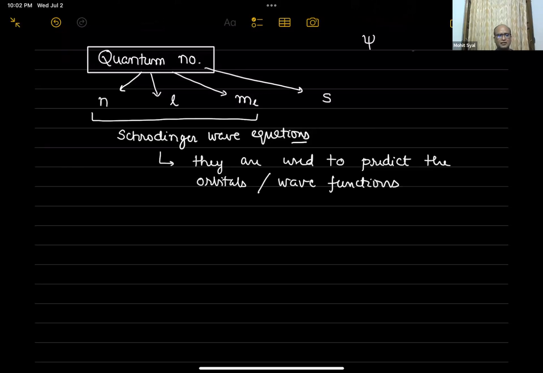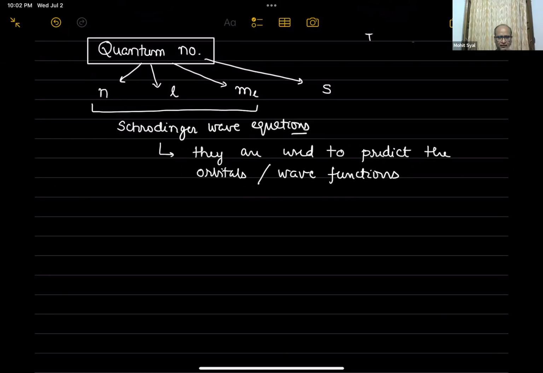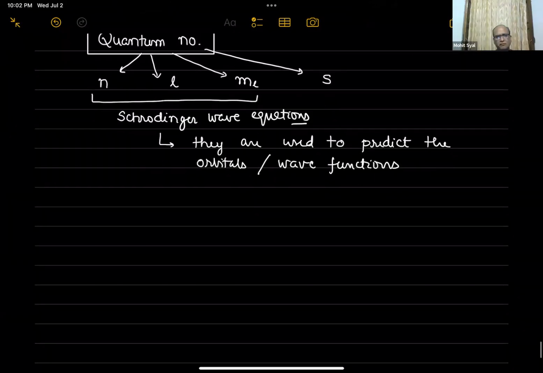When you solve the Schrodinger wave equation, you get different psi, and you need to plot them. Electron can be in the first orbit, second orbit. Suppose you have 11 electrons in sodium, where will those 11 electrons be present? Two in the first shell, 8 in the second shell, and 1 in the third shell. They will have different wave functions.